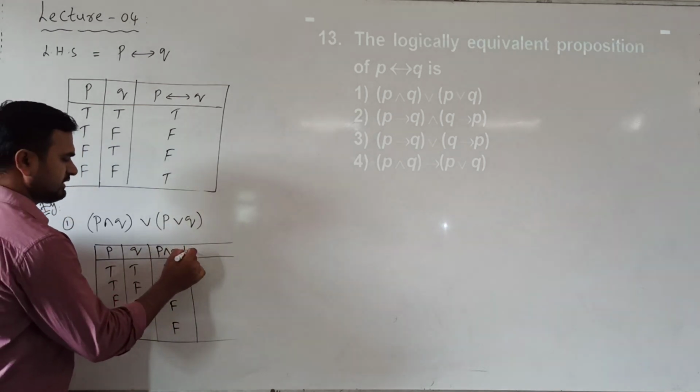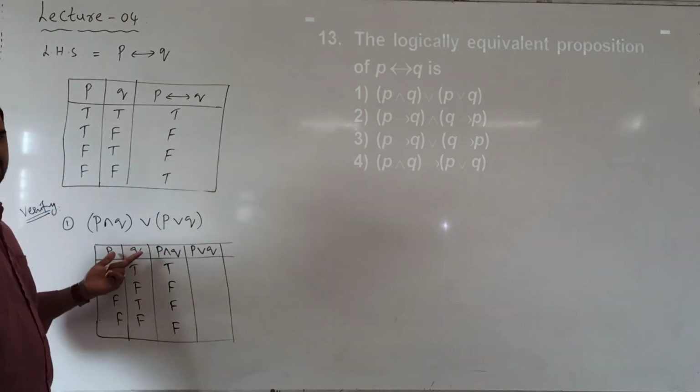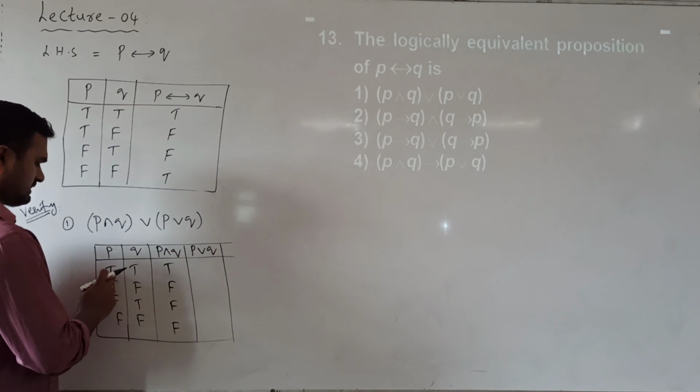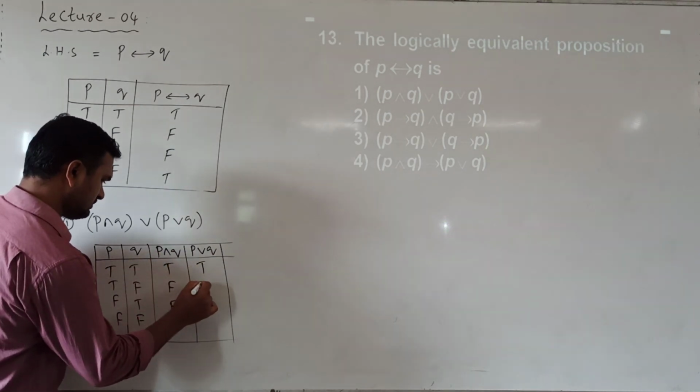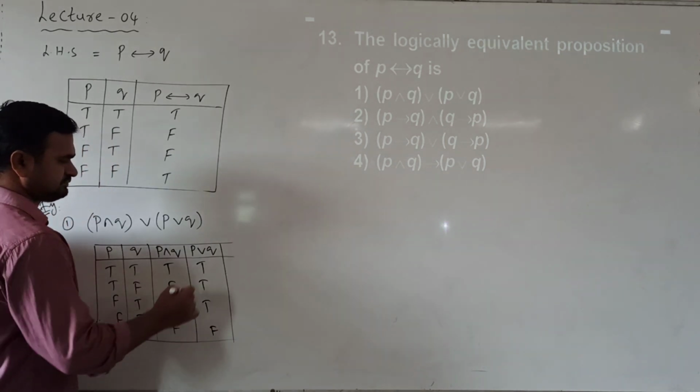Next we need to find P or Q. We know in the OR operation, if at least one is true, then P or Q is true. So true, true, true, and both false means false.